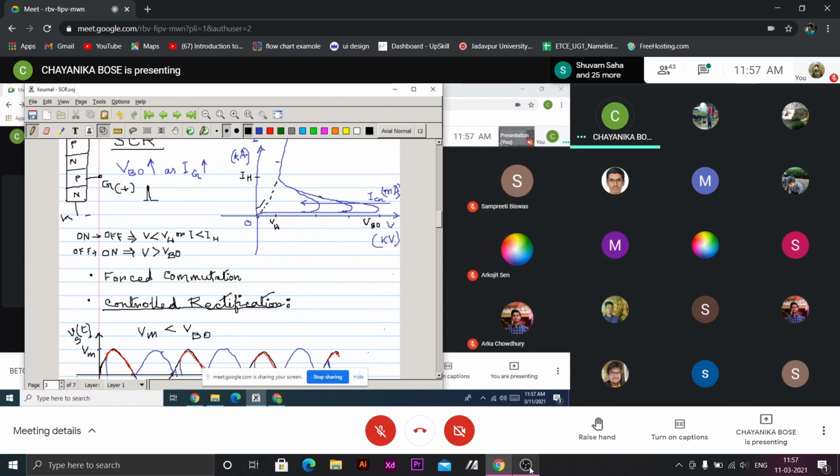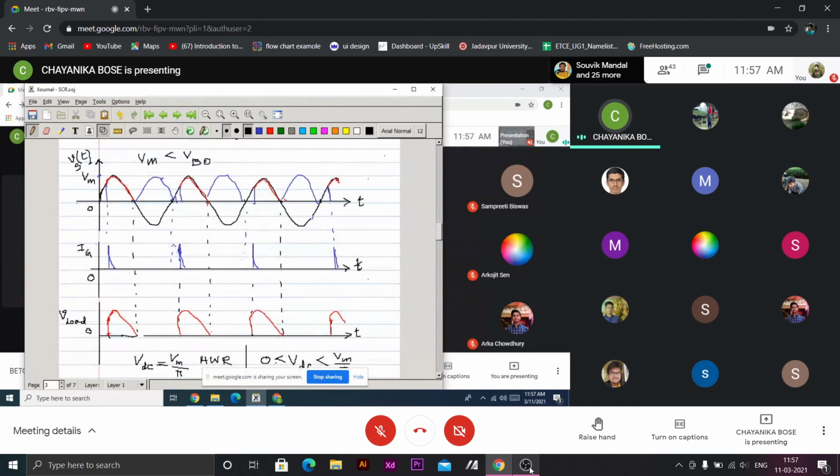But in the practical case, we take this IG quite strong, so that whatever the value of this, the switch can be on prematurely before this. Now when the switch will be on, that will be determined by the phase difference between this triggering waveform and the input waveform, from which we derive the DC component, or the output waveform that will be fed to the load.